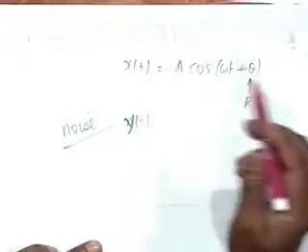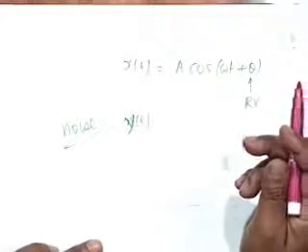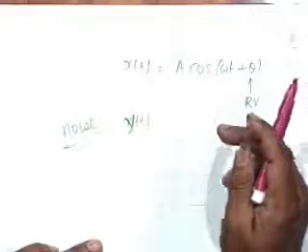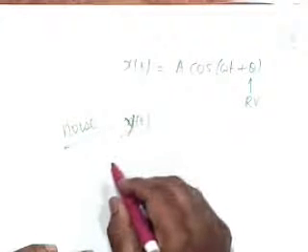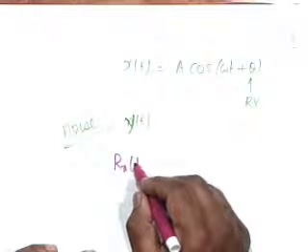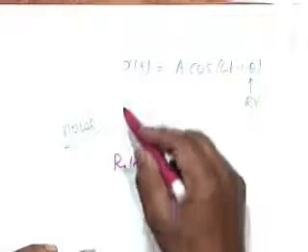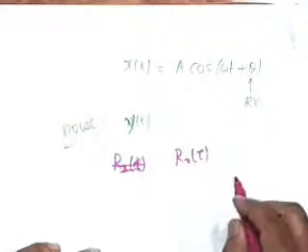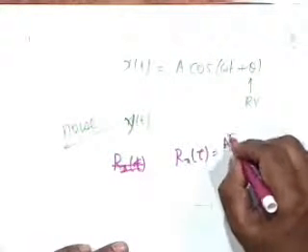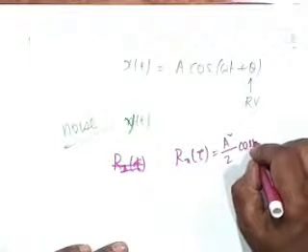This is quite simple. They are usually so. X of t is a tiny sinusoidal signal immersed in an ocean of noise. If x of t is a periodic function like this, what is Rx tau? A squared by 2 cosine omega tau.